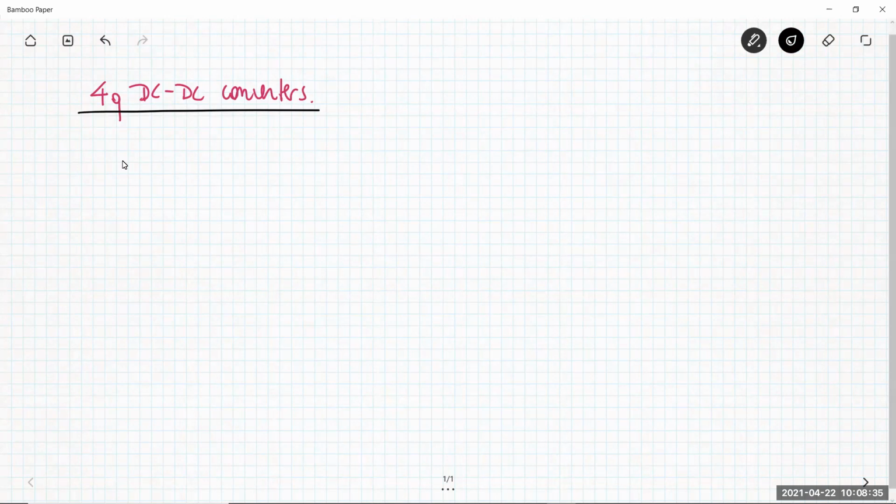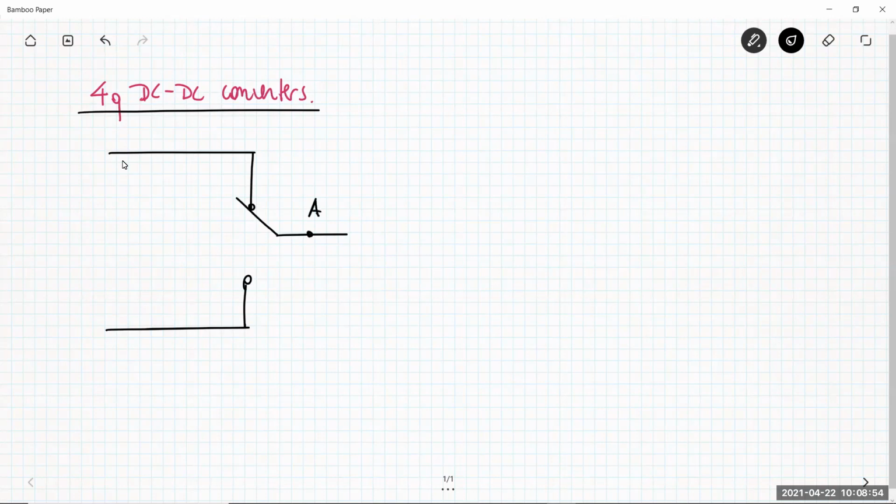In order to do that, again, I need to use the two-quadrant bidirectional converter, so the switching power pole we already know. This is the node, let's say A. This is my input capacitor to the voltage port VD, which is the input voltage that by assumption is constant.